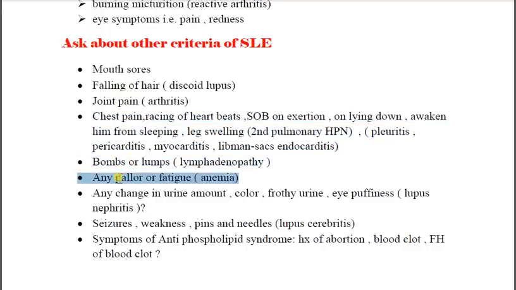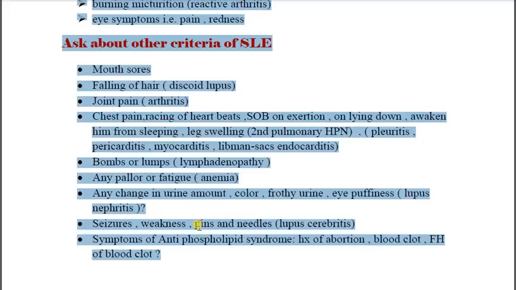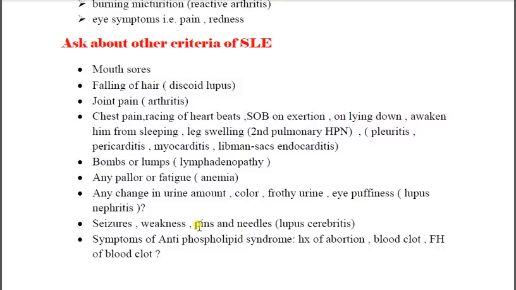Any pallor or fatigue for anemia, any change in urine amount or color, or any frothy urine or eye puffiness. These questions are specific for lupus nephritis, as the kidney can be involved in SLE. Any seizures, weakness, sensory disturbance, or pins and needles, for neurological involvement.